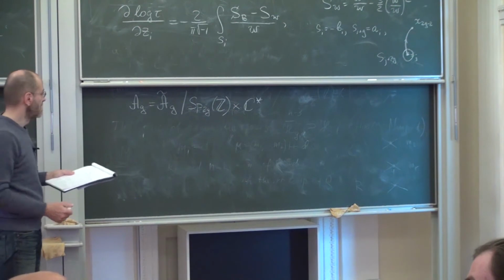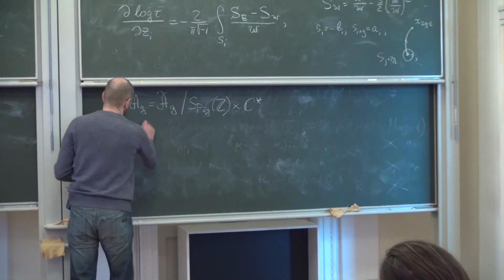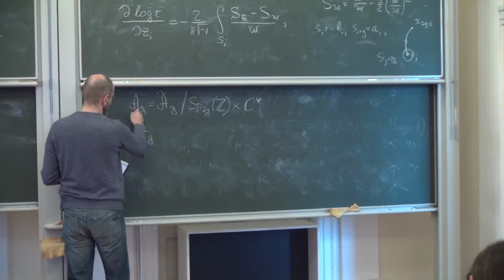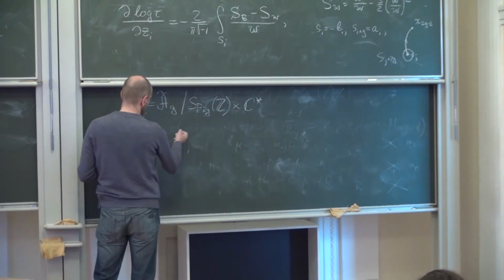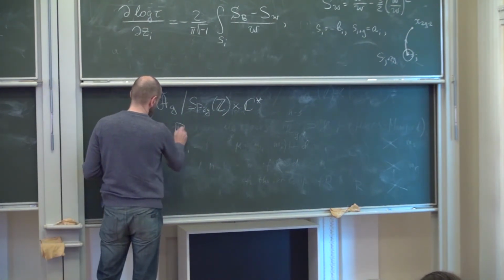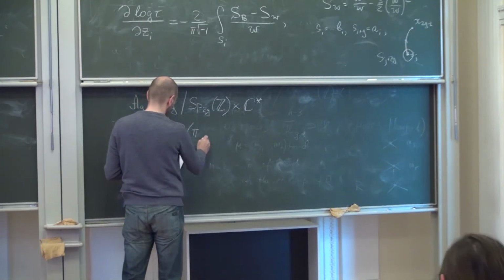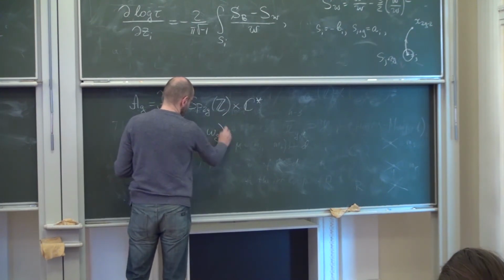And there is a simple compactification of this space, A bar g, which is just the projectivization of the push forward, or direct image, of the relative dualizing sheaf.